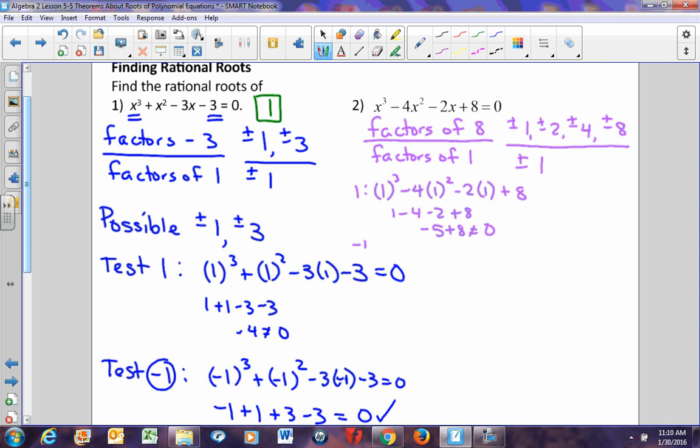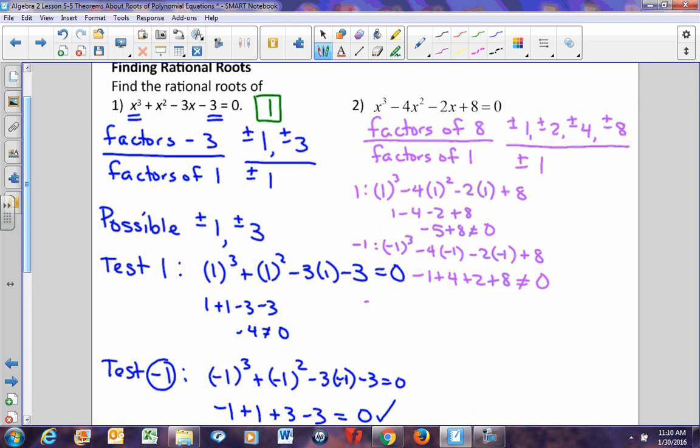I'm going to test -1. So I get (-1)^3 - 4 times (-1)^2 - 2 times (-1) + 8. This is a long and tedious process. Yes, I know that, and I'm very well aware of that. So it's -1 - 4 + 2 + 8. I can look at that and that's not going to equal 0. So I'm going to move on.